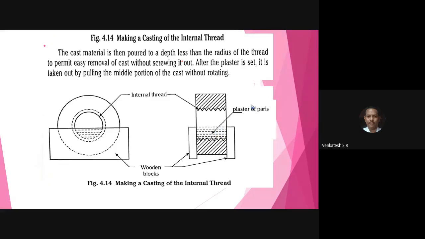The plaster of Paris dries up, and you remove the casting or mold from the internal thread. You can measure the effective diameter, major diameter, minor diameter, pitch of the thread, and also addendum and dedendum by using the molding method, making a casting of the internal thread by using plaster of Paris.